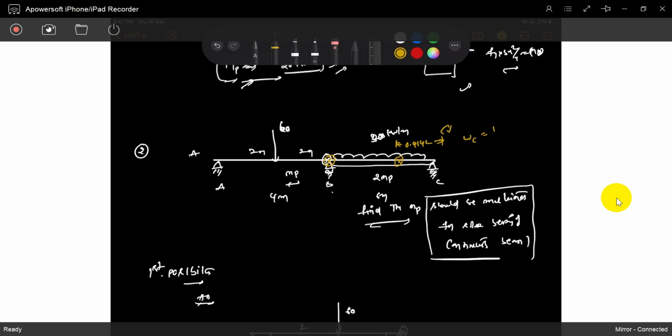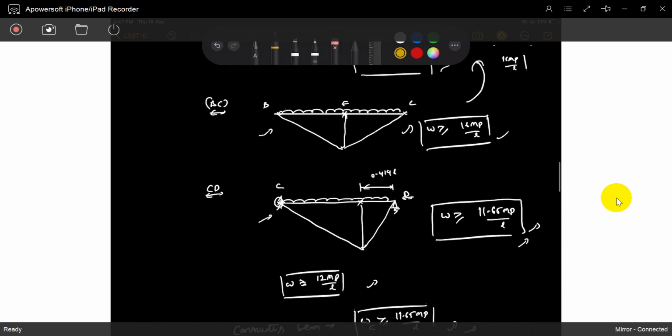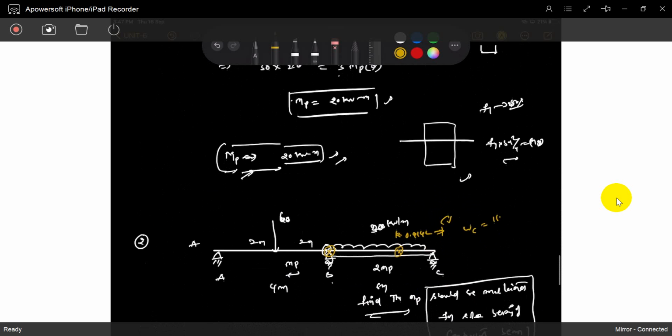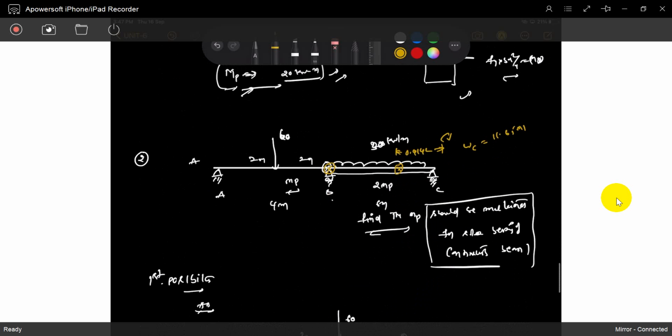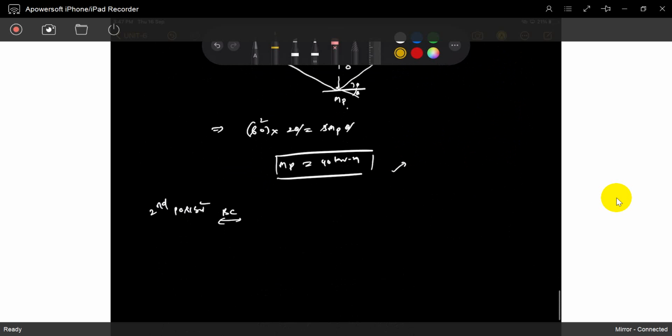Otherwise you can remember 11.65 MP per L. You have to remember any one of these. If you know any one of these, that is useful. Otherwise you have to write down the free body diagrams again to find where the third hinge is formed, not exactly at the center. I discussed last class why that is. Okay, so that's it. Now the second is, it is a hinge.